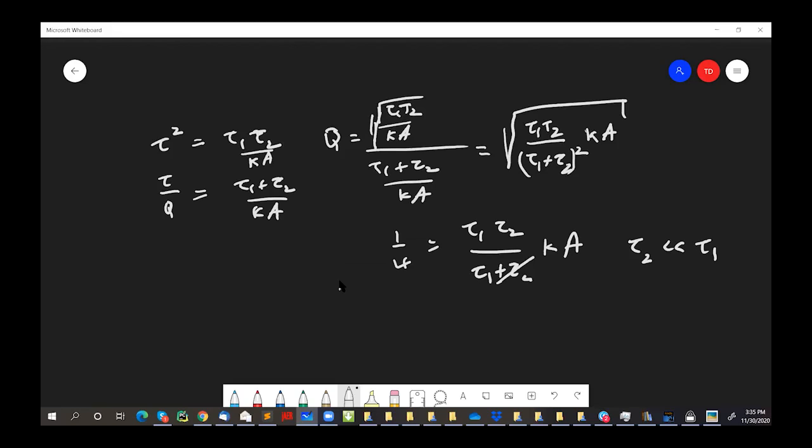And then that allows me to cancel out tau 1 as well, because now it just cancels. So now I know that tau 2 is equal to 1/4 kappa A. So in other words, the time constant of the output node has to be faster than the time constant of the input node by at least 4 times the loop gain.